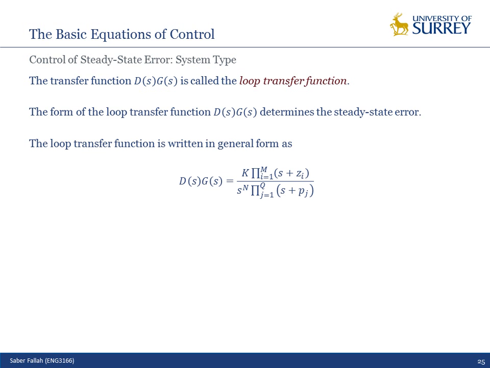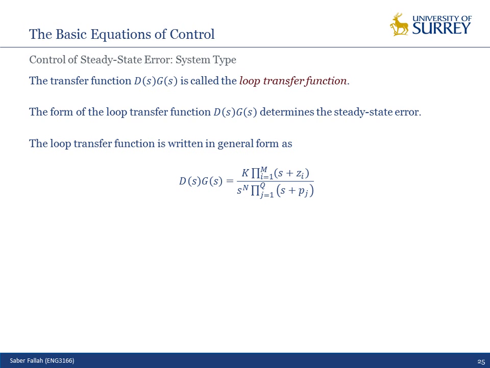Don't freak out. It's very simple. Look, DG is a transfer function, and a transfer function is usually composed of a constant gain K, some zeros, some poles at the origin, and some real or complex poles. This is the general case transfer function.